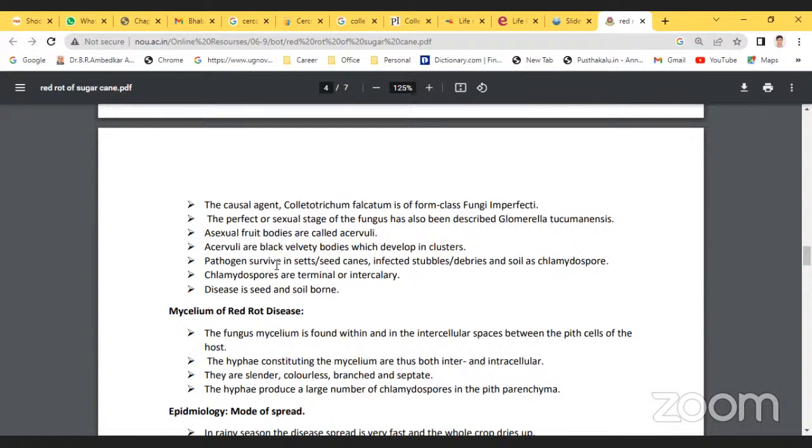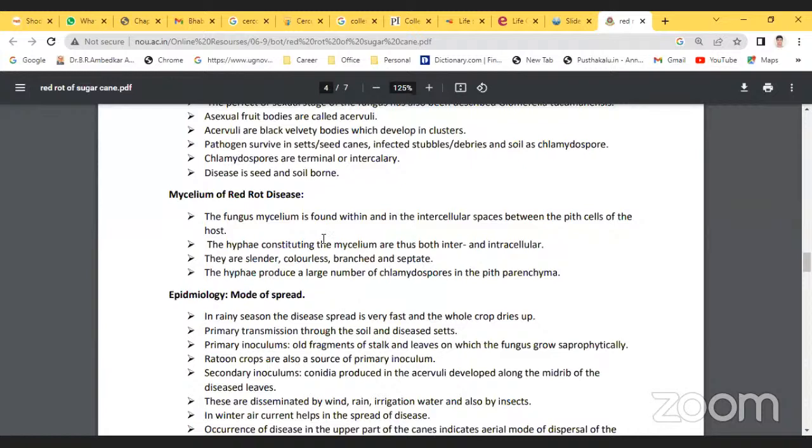The pathogen survives in infected seed canes, stubbles, debris, and the soil as chlamydospores. The chlamydospores are terminal or intercalary. The disease is seed-borne and soil-borne, as I already told you.